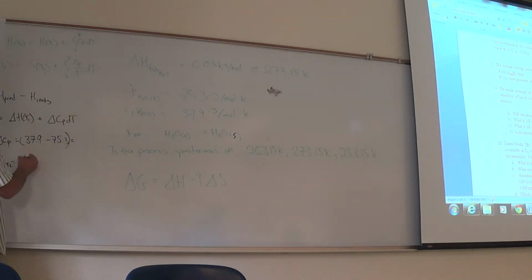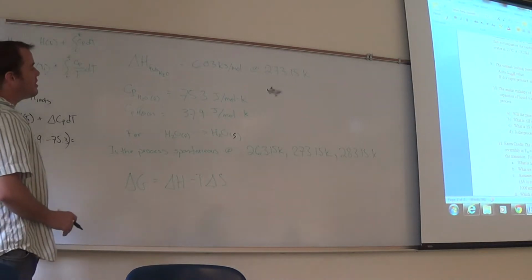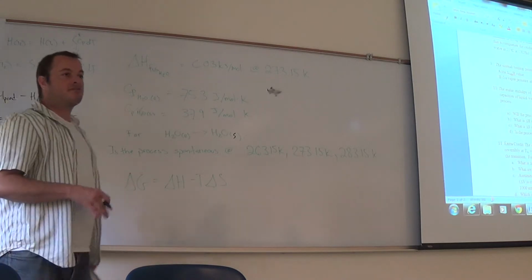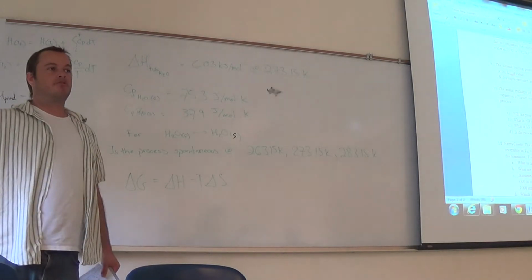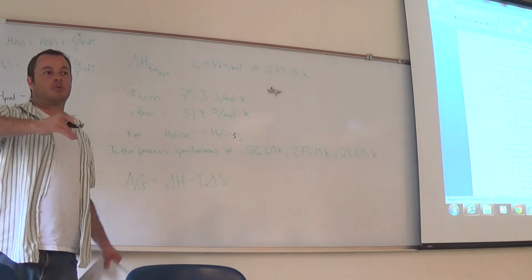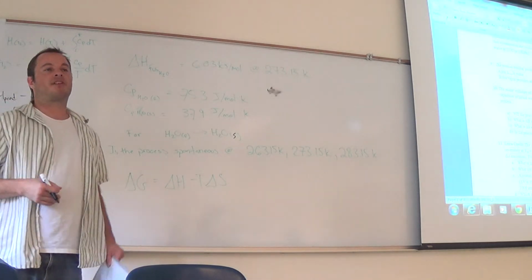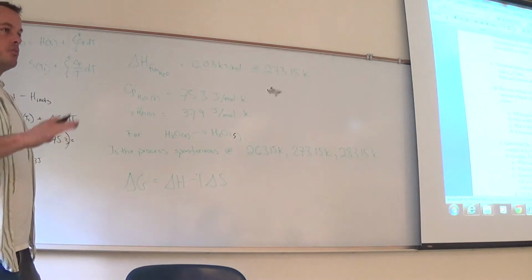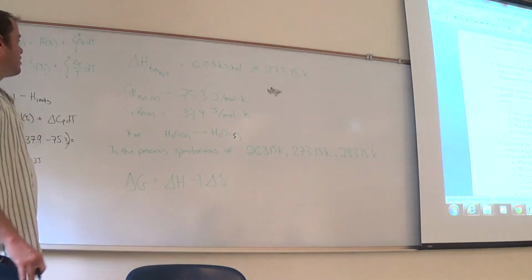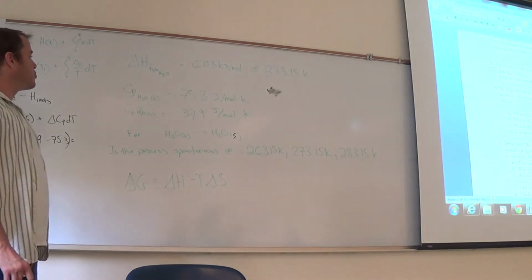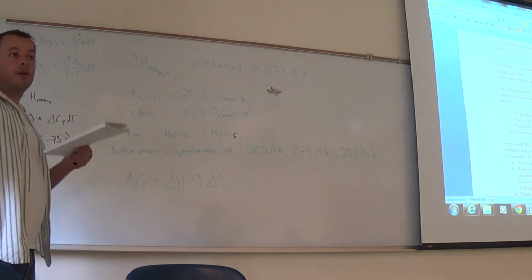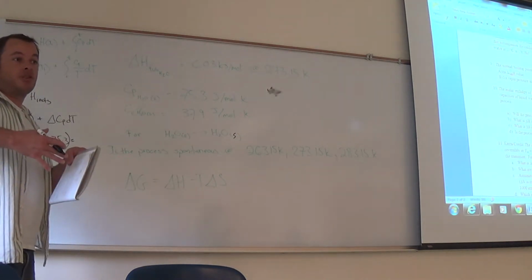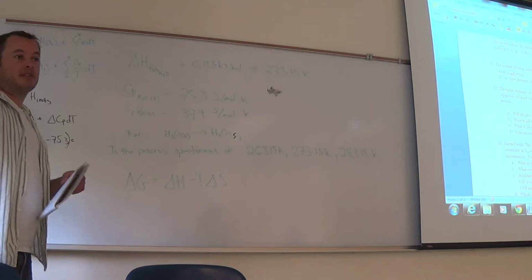we said was negative 6.03. Well, it's fusion, so we're going from liquid to solid. So we know that heat is being released. It's kind of a trick. You have to look at the problem and really ask yourself, what's happening here. So the delta H of fusion is 6.03 kilojoules per mole. But what that means is that when water goes into the solid state from the liquid state, it's releasing that heat.